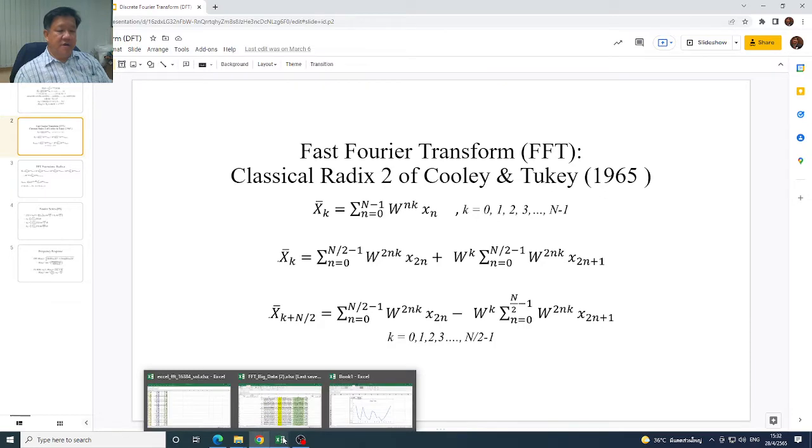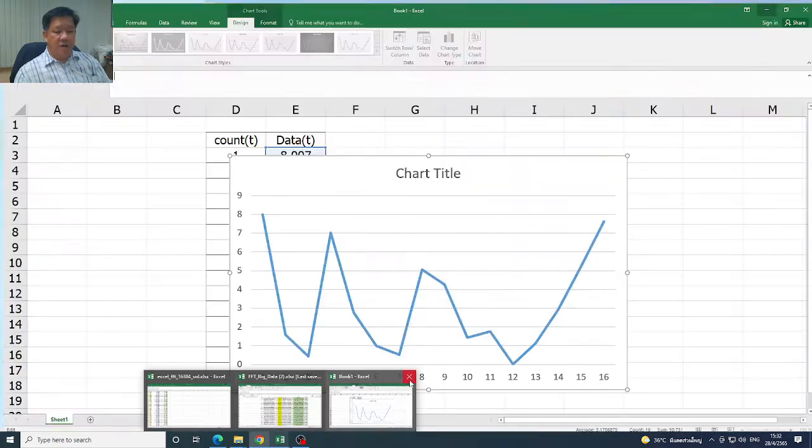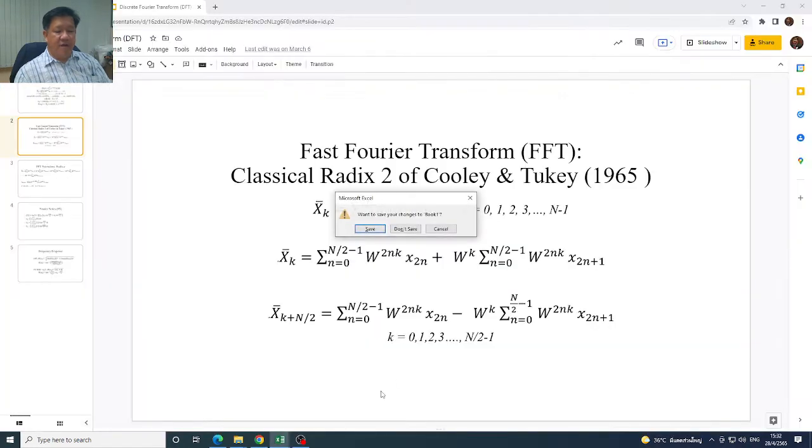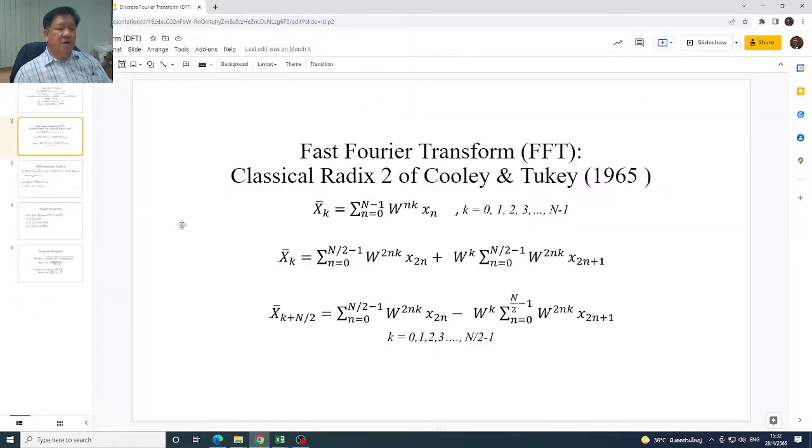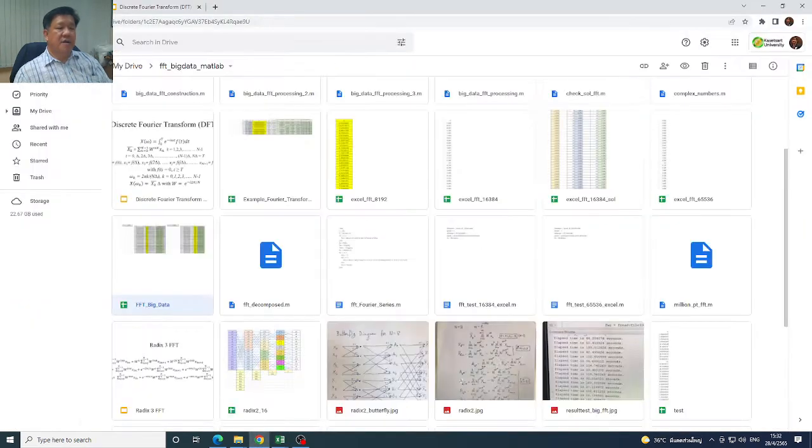Today we're gonna work on this file we call FFT Big Data, which is available on this Google Share Drive of the Big Data MATLAB.